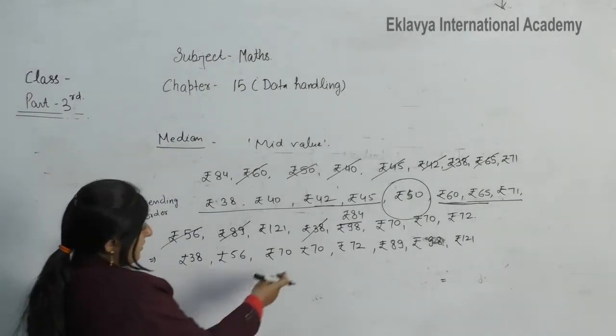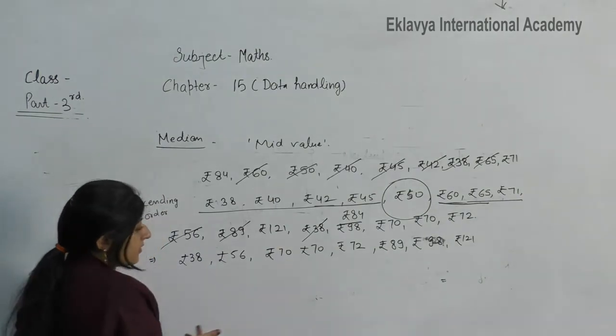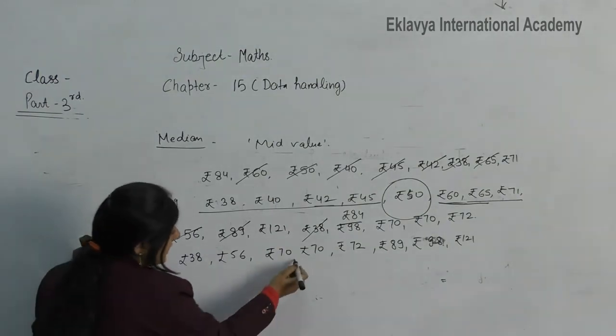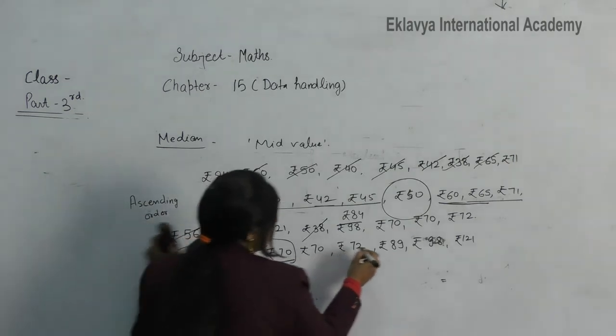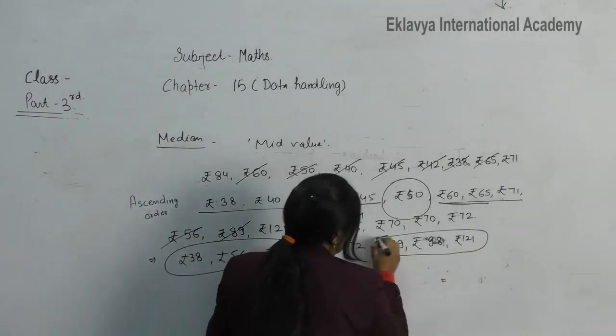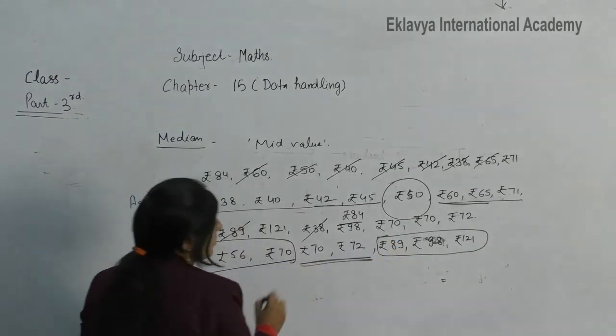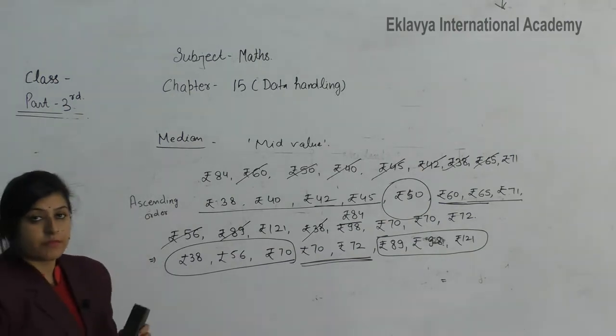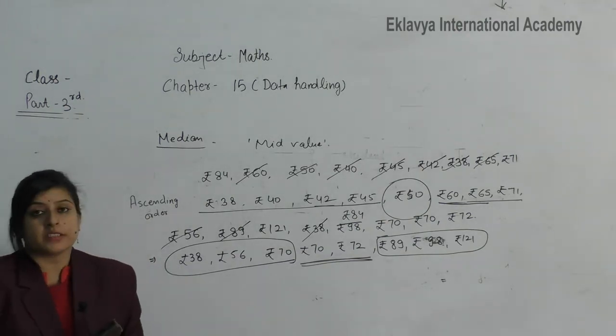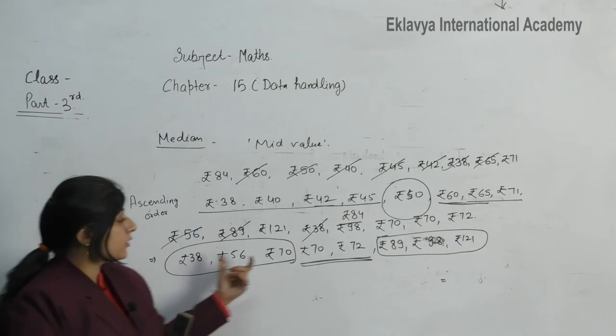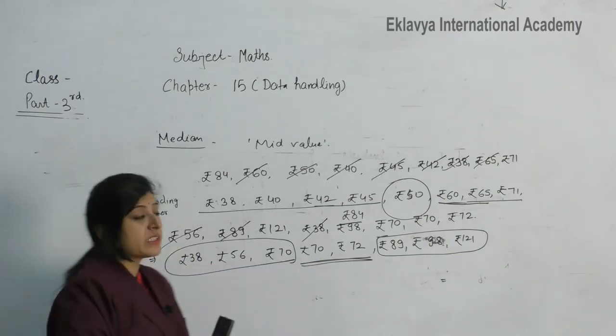So if you take 4 here and 4 here, there is no one middle value. It means we take 3 here and then 3 here, and you have 2 middlemost values here, because it is an even number. Then we take the 2 middlemost values for finding the median.